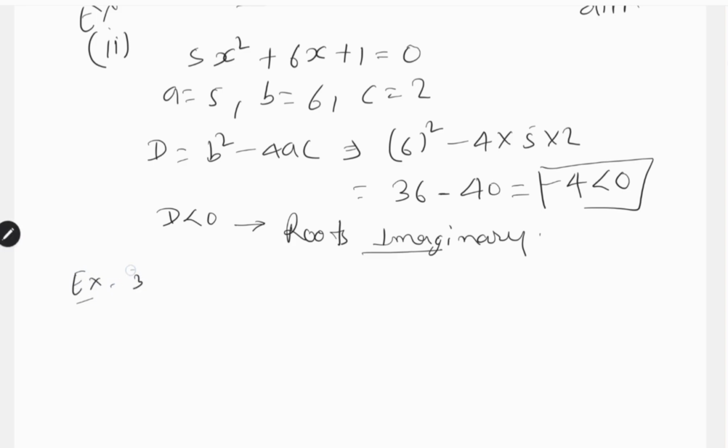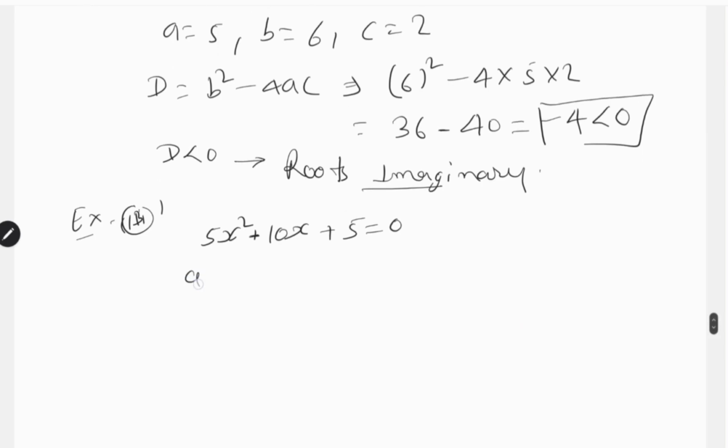Third example: 5x² + 10x + 5 = 0. Here a = 5, b = 10 and c = 5.